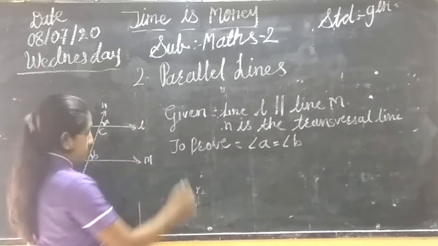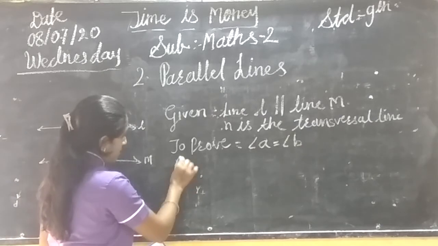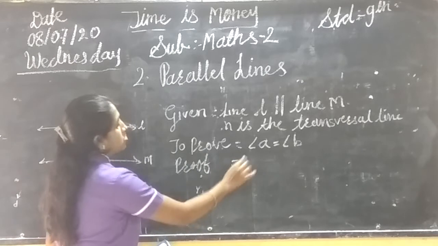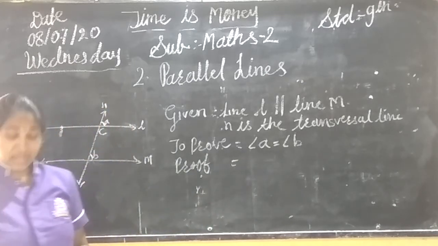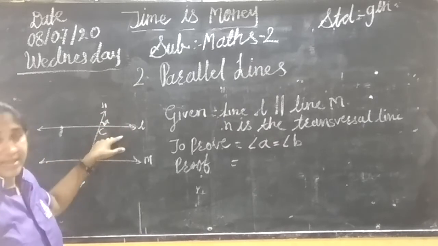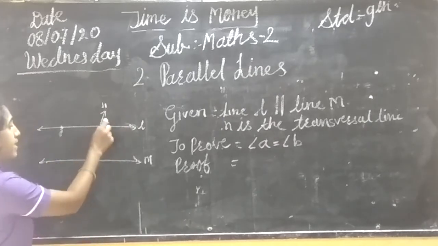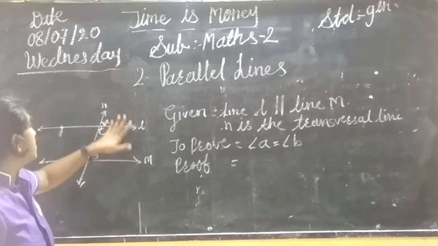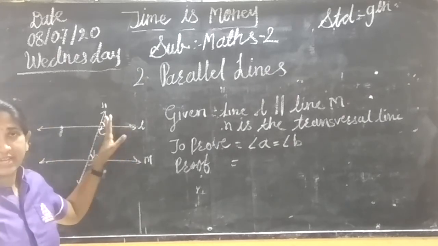Then next is our proof. That means what we are given, the solution. Then tell me what we can do. There is a C, angle A plus angle C. Can you see there is an angle A and angle C? This is a linear pair. It is the angles of a linear pair. That means what is the addition of this?